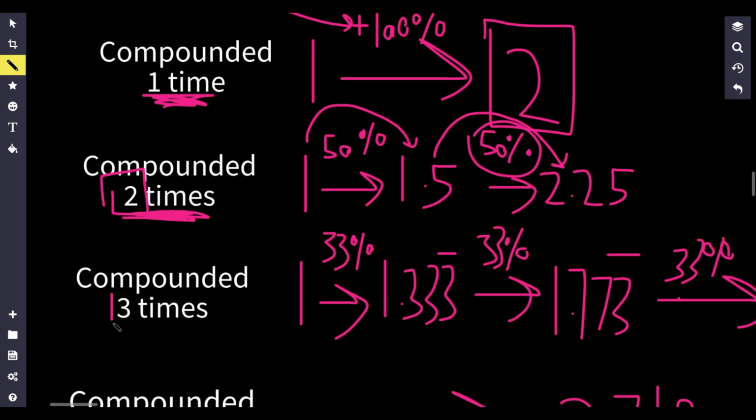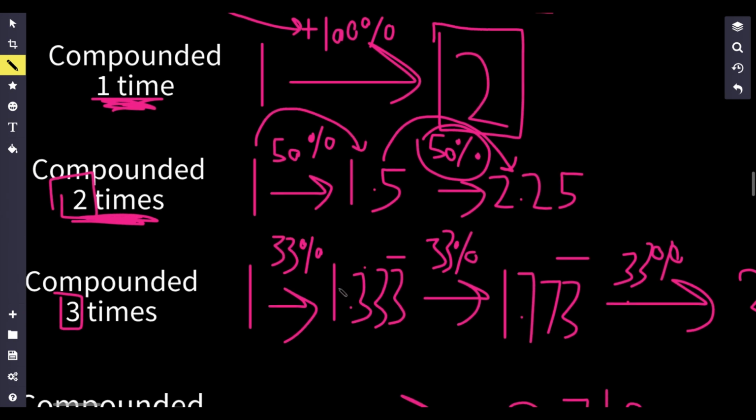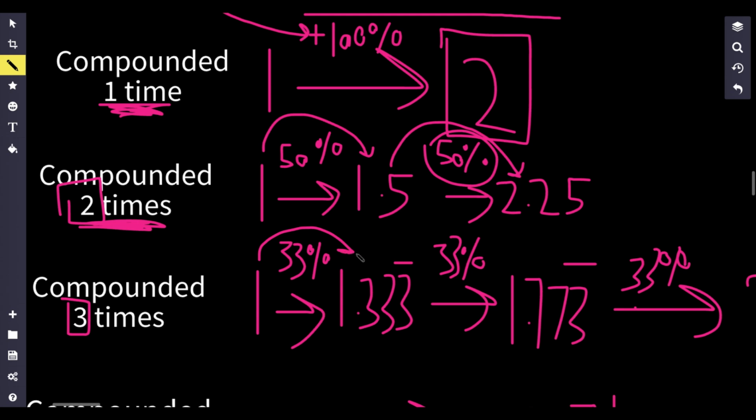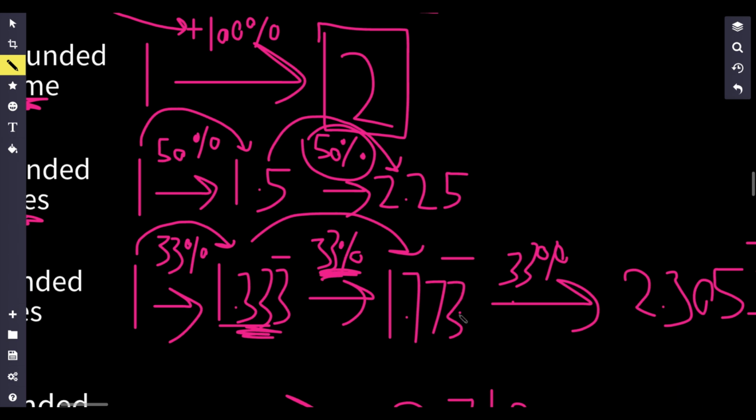If I compound this 3 times, now I break it up into 33.333% sections. On my first compound, 33.3333% of 1 leads you to 1.333 repeated.